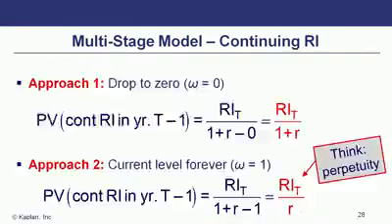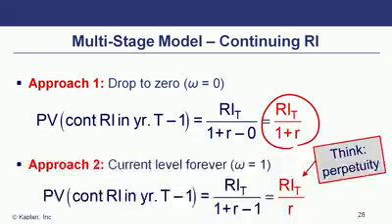All right, let's take a look at these different approaches. Approach 1, let's say it immediately drops to 0. So we just take the terminal residual income over 1 plus r. We're just discounting that one residual income.